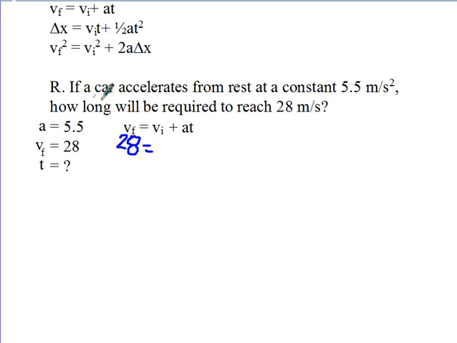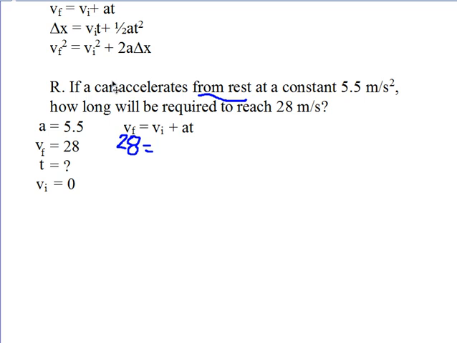I go back and I read the problem again very carefully. Oh, there it is. I missed it. From rest was telling me what the initial velocity was. That the initial velocity was 0.